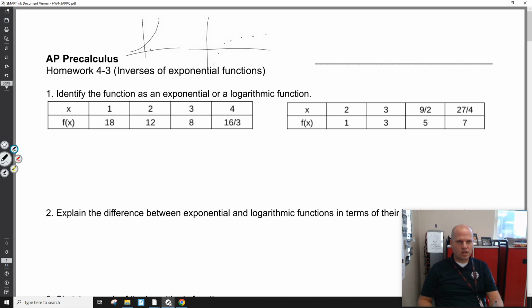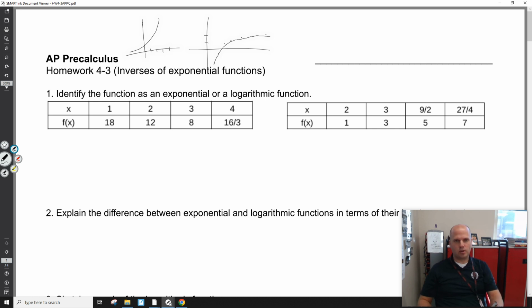Here, we have this common ratio where every time I move over 1 in x, we are multiplying, having exponential growth. So we have an exponential change in our y's.